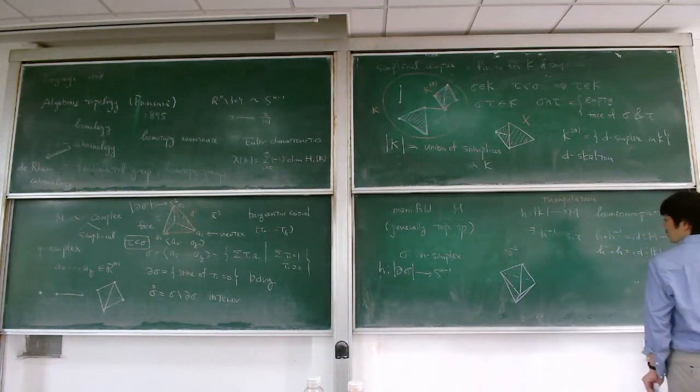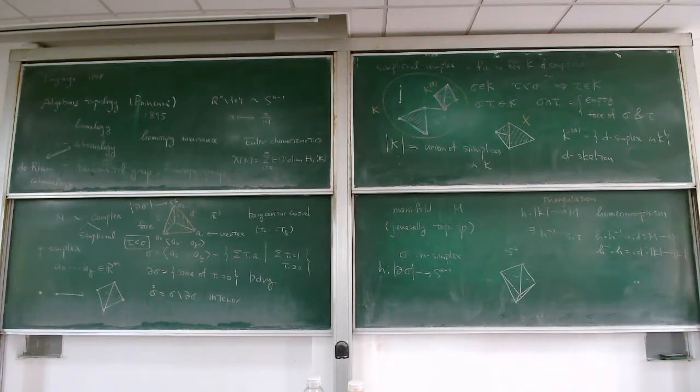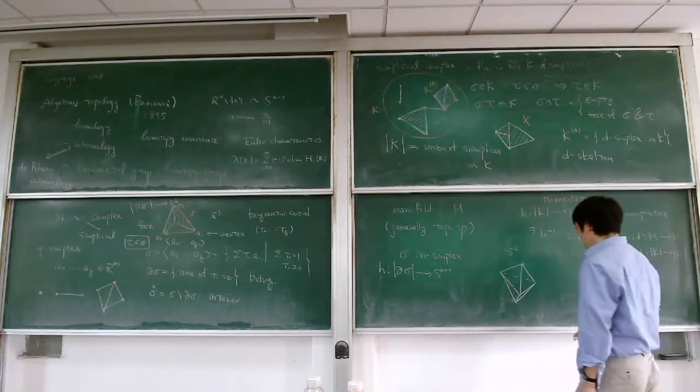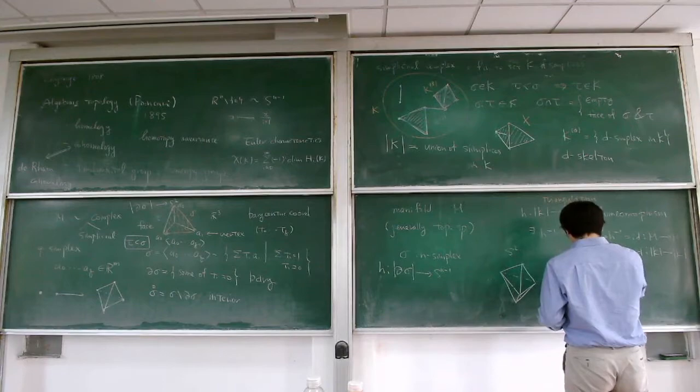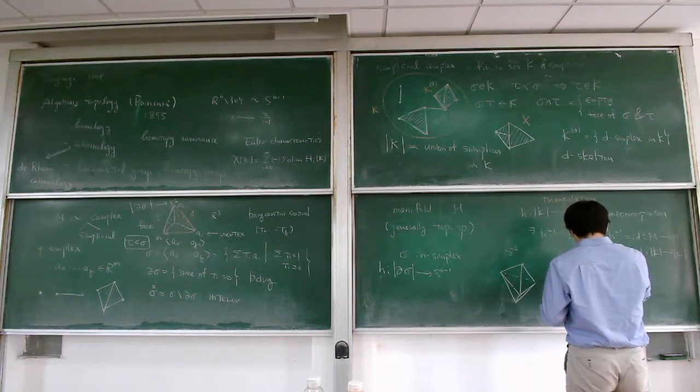The nice thing about this triangulation, this is not a nice thing, sorry. So this is another triangulation. The other triangulation is more something like, let me try to draw nicely.